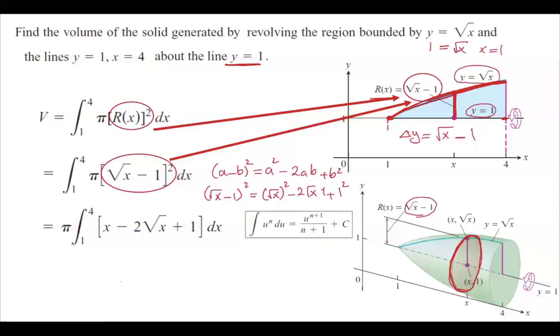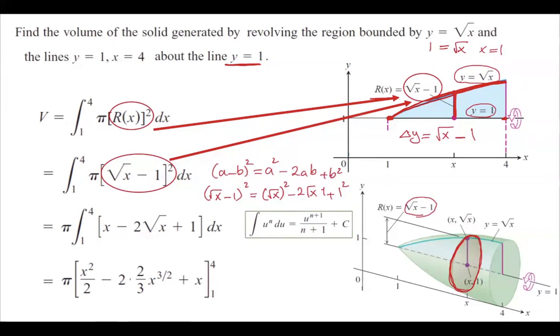Using the power rule formula that you learned before, this becomes pi times x squared divided by 2 minus 2 times 2/3 x to the power 3/2 plus x, and then x ranges between 1 to 4.